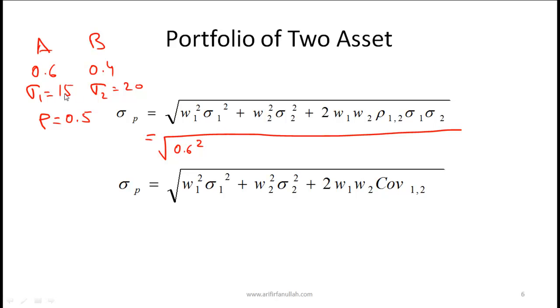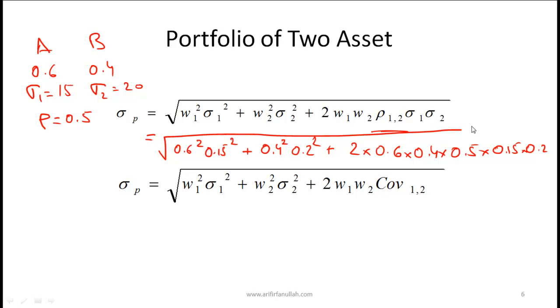So sigma 1, let's just take these in terms of a decimal, so times 0.15 squared, plus the weight of 2, which is 0.4 squared, times sigma 2, which is 0.2 squared, plus 2 into 0.6 into 0.4 into the correlation, which is 0.5, into the two standard deviations, which is 0.15 into 0.2. So this would give us the standard deviation of the portfolio.